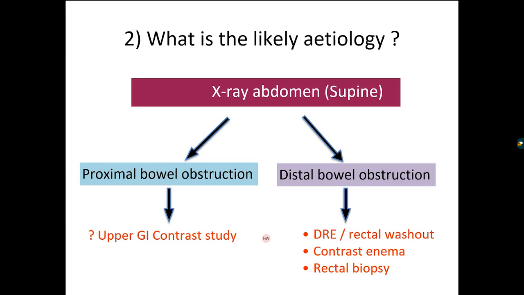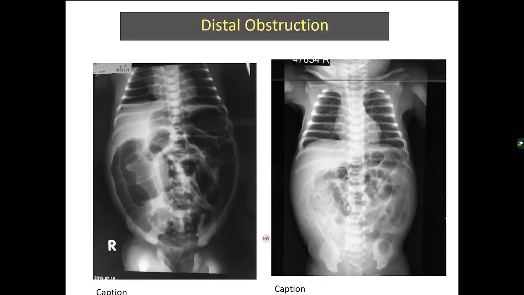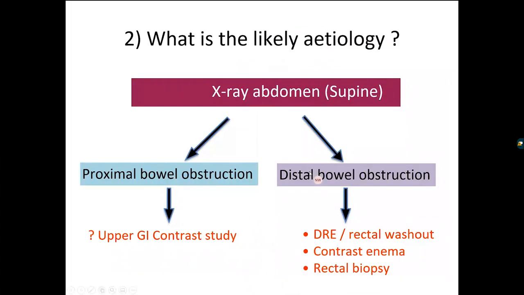Similarly, if your X-ray shows features of distal bowel obstruction, you might have to do other investigations like a rectal examination or a rectal washout, a contrast enema or a lower GI contrast, and occasionally even a rectal biopsy to arrive at the exact etiology that causes distal bowel obstruction.